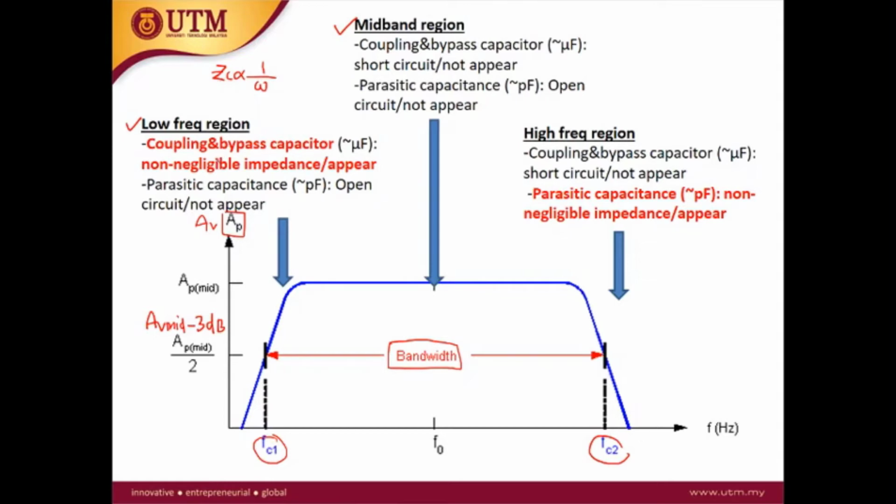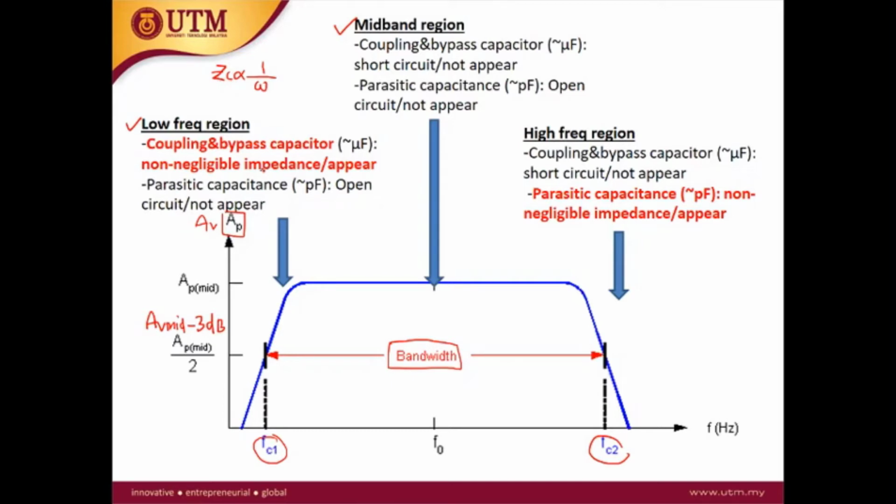It needs to be taken into account to analyze the performance of the amplifier. So that's why the coupling and bypass capacitor will affect the gain of the amplifier. But for the parasitic capacitance, when frequency decreases, the impedance increases, so the resistance will be further increased.